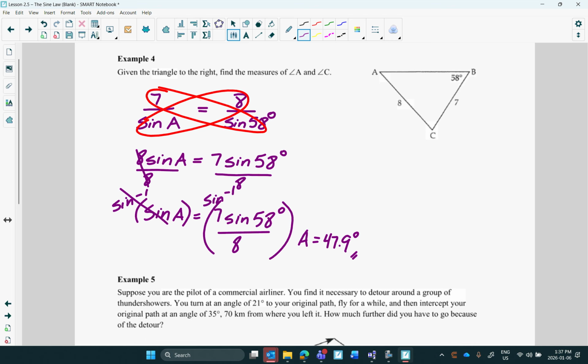So I know that this is 47.9. How could I find angle C? I could do this again, but because I know two of the angles, can't I just add these up and take it away from 180? So angle C, I just do 180 minus the sum of these two angles, 47.9 and 58.